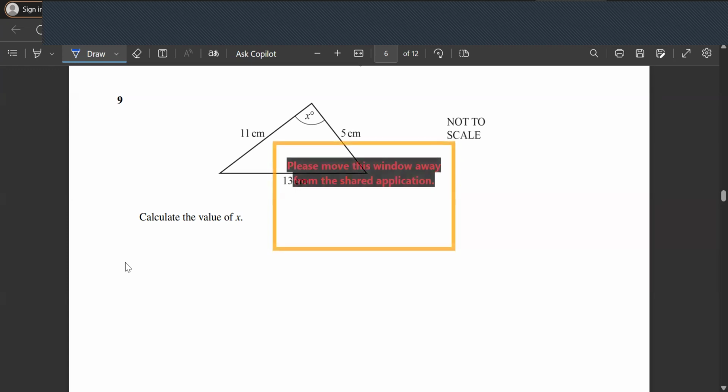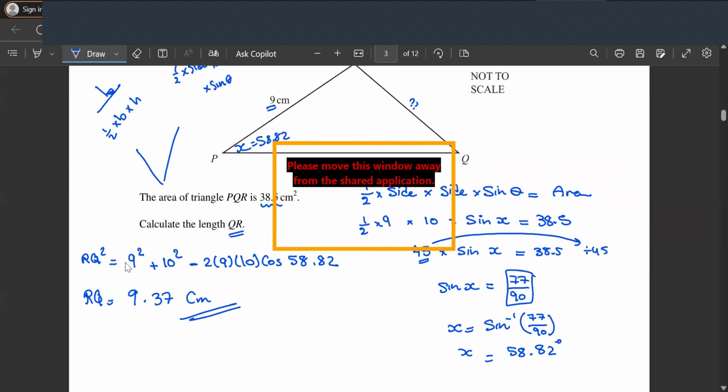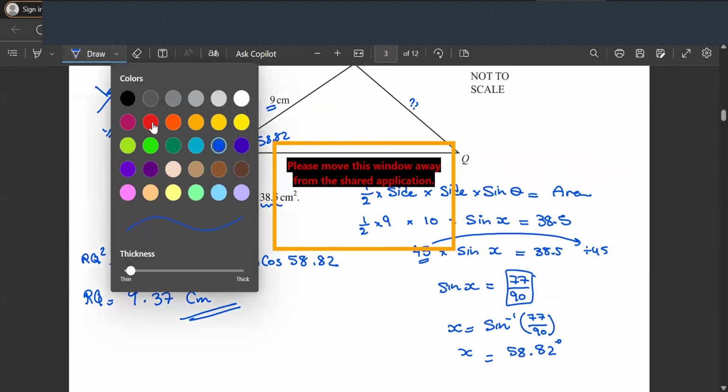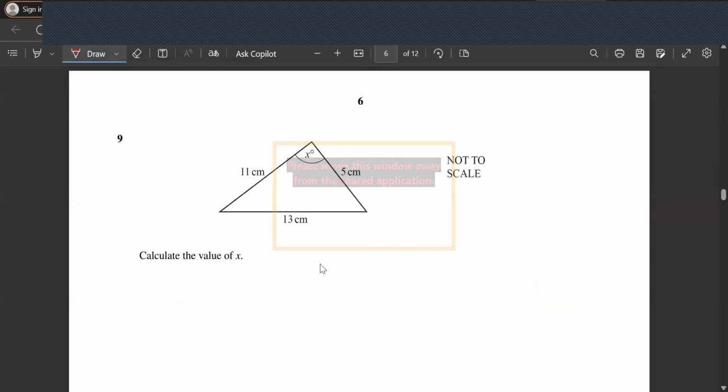In the previous question, we used the cosine rule. If the required is the side, we write it like that. But if the angle is required, so cosine X equals, do it like this.